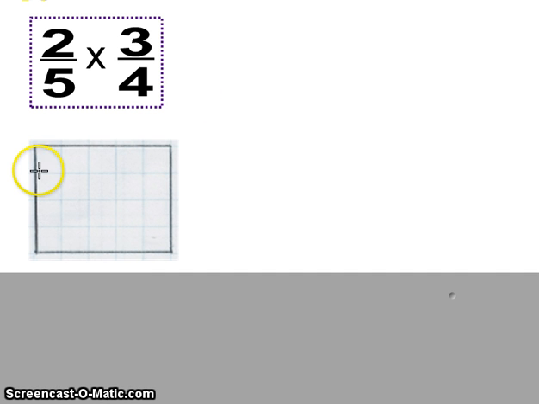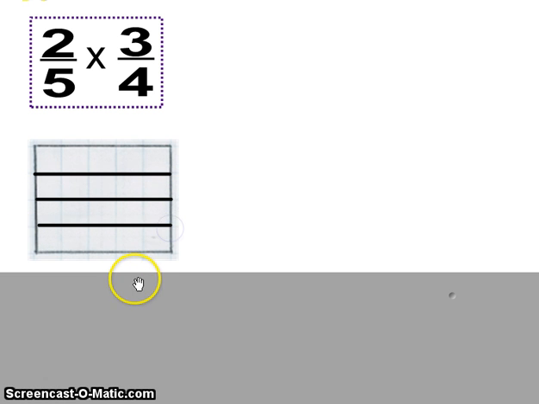So first thing, I'm going to divide my rectangle horizontally into 4 pieces. Then I am going to shade 3 of them. 2, 3. Then I'm going to divide my rectangle vertically into 5 pieces because the 5 is the denominator of the other fraction.